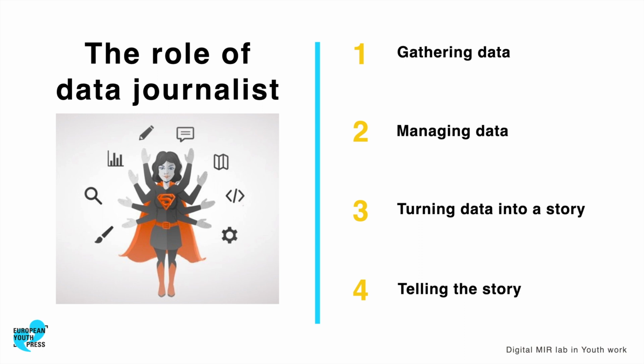Now, in a digital world, almost anything can be and almost everything is described with numbers, and that is all data. Then, data journalists have a task to manage data. This includes filtering data, comparing it, grouping the data according to various tendencies, and so on.